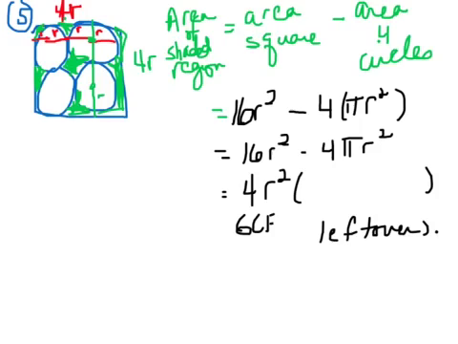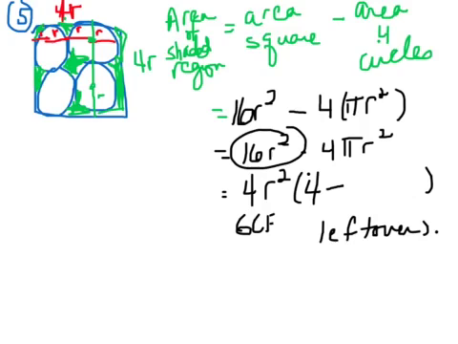Okay, so 16r squared. If I divide the 4 out of 16, what's left over? I'm just doing the number part first. 16 divided by 4, and then I divided the r squared out, so there's nothing else left there, right? Now I'm going to copy down my subtraction sign. I have 4 pi r squared divided by 4r squared. 4 divided by 4 is 1.